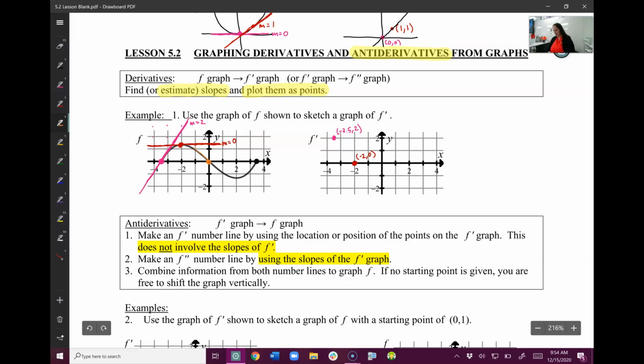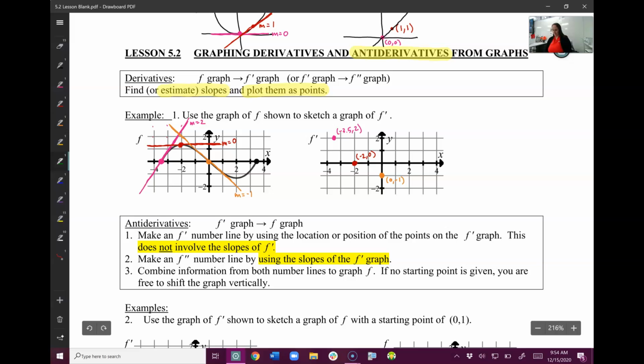Looks like right here, my slope is down 1 over 1. So the slope for that is negative 1. So over here I'd go to 0, negative 1, because at 0, the slope was negative 1.